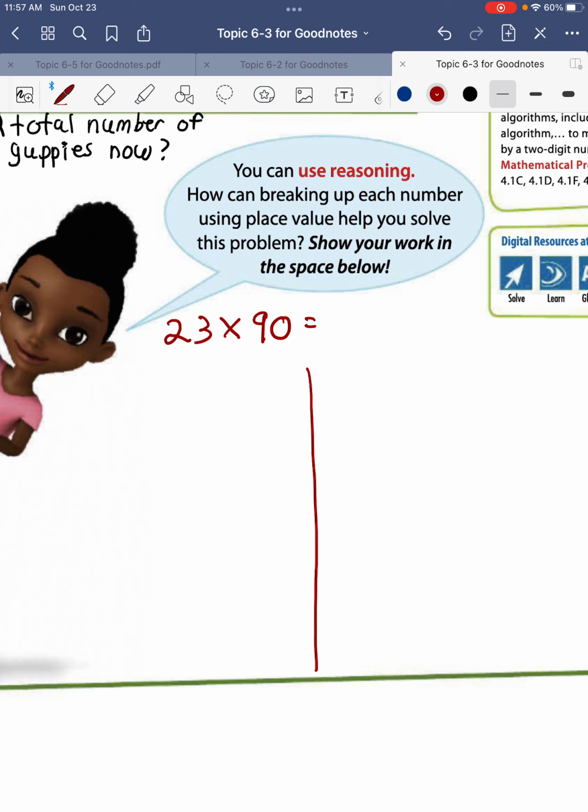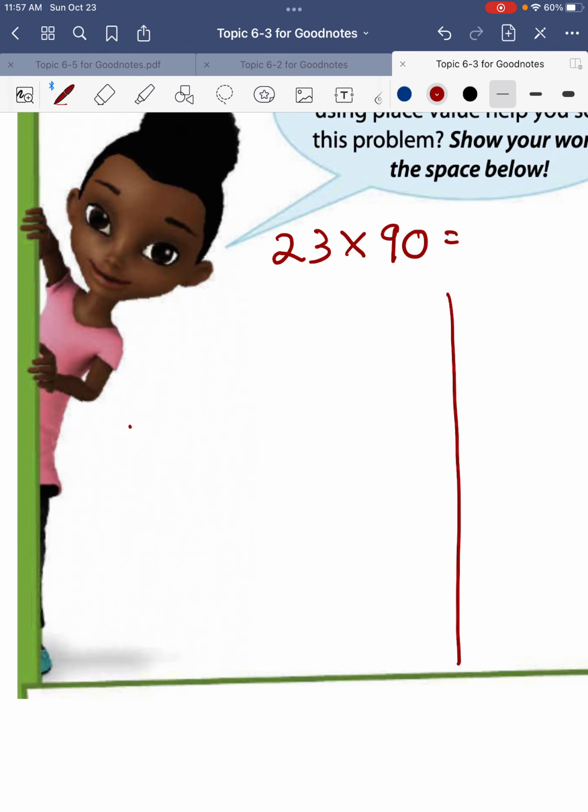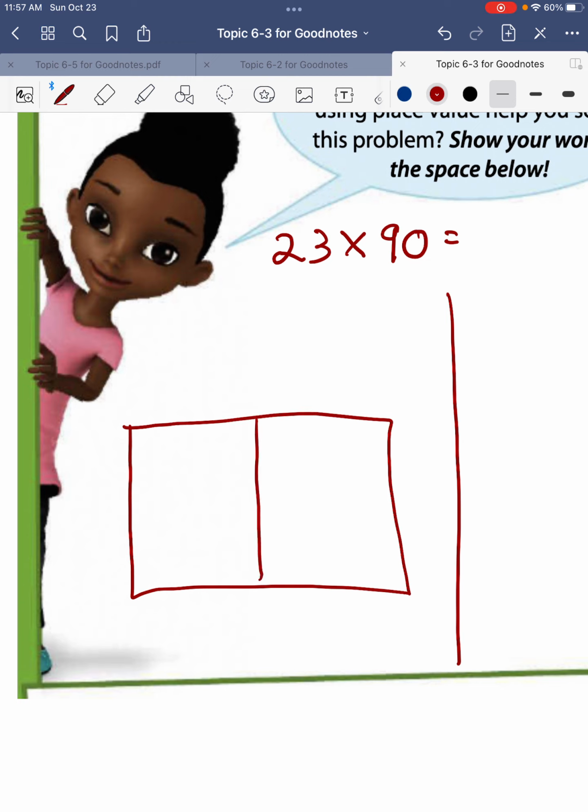The first way I'm going to show you is the box that we've been doing last week and yesterday. So I'm going to draw my box. Make my 4 sections. Okay, and I'm going to do 23 times 90. So the first thing I do is expand them.